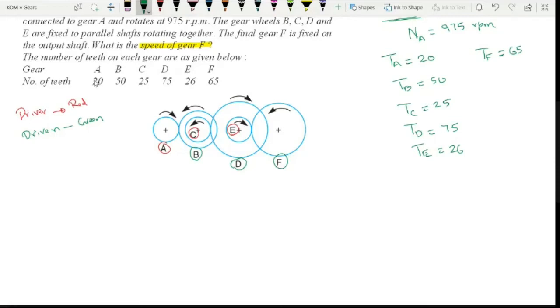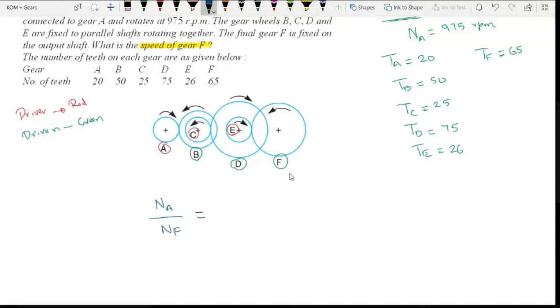So now we know the speed ratio. What is the formula? Input by output, right? So let us identify that. Input is NA. NA by NF is equal to product of driven gear teeth divided by product of driver gear teeth.